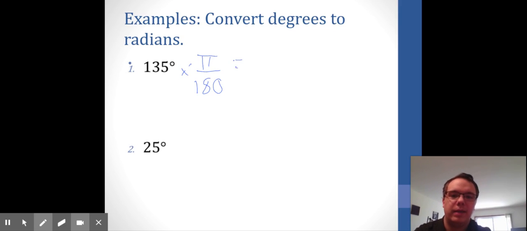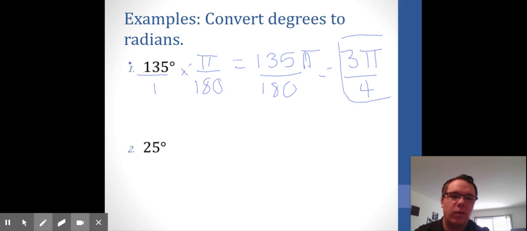So if I do that, my 135 over 1 times pi over 180 gives me 135 pi over 180. And if I reduce that fraction, I am left with 3 pi over 4. So 135 degrees is 3 pi over 4 radians, and you don't have to write the word radians.